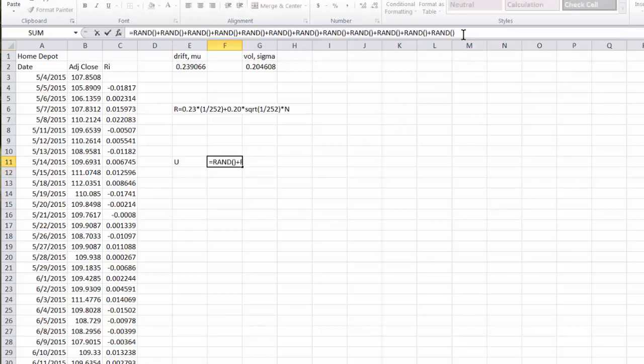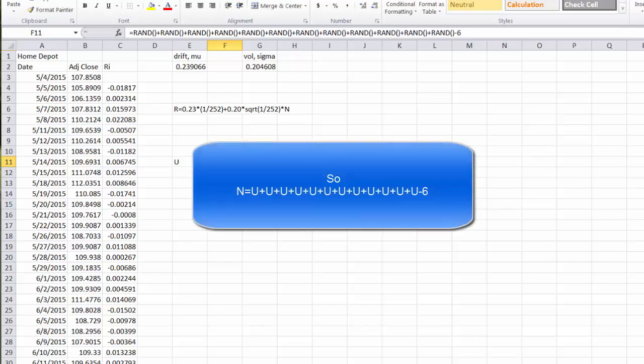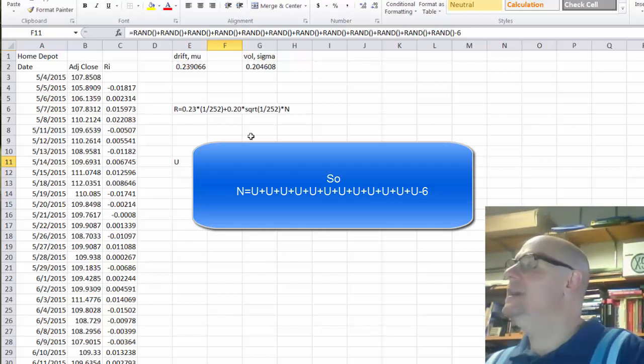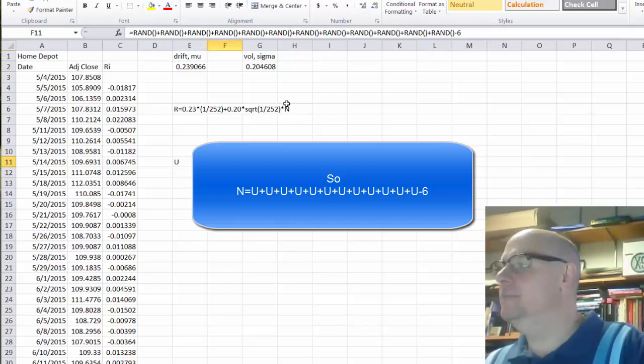So if I take this and subtract 6, now I expect this to have an expected value of 0, and it will have a standard deviation of 1. This sum of 12 uniformly distributed random numbers minus 6 is like an n.